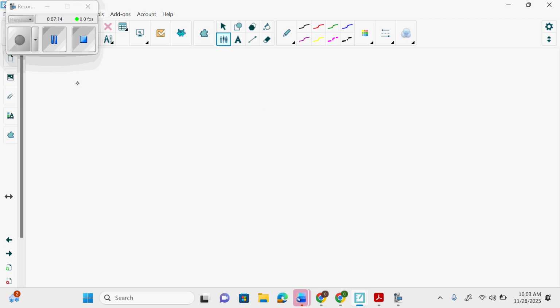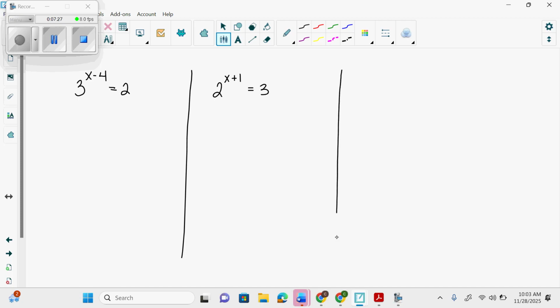So I have 3 to the x minus 4 equals 2. 2 to the x plus 1 equals 3. 7 to the x minus 3 equals 2. So just try and convert them. Remember, what's the first thing you move? Base to base, right? Base of my exponent, base of my log.